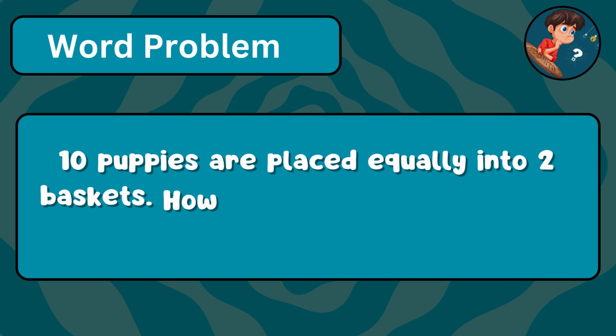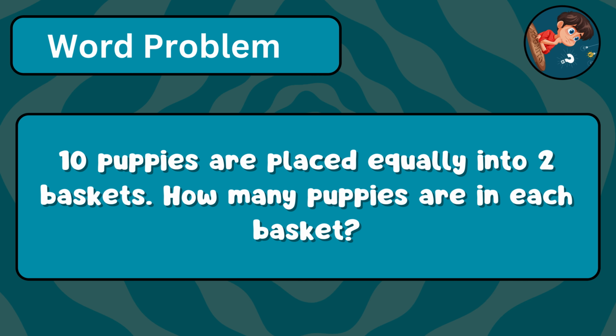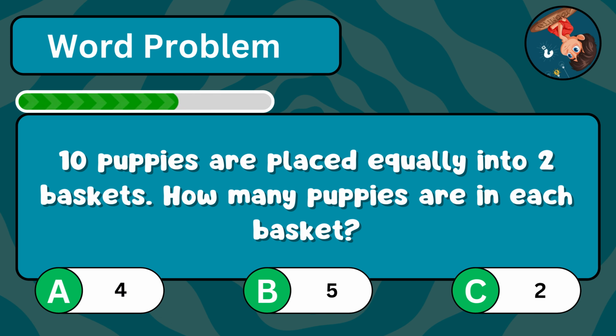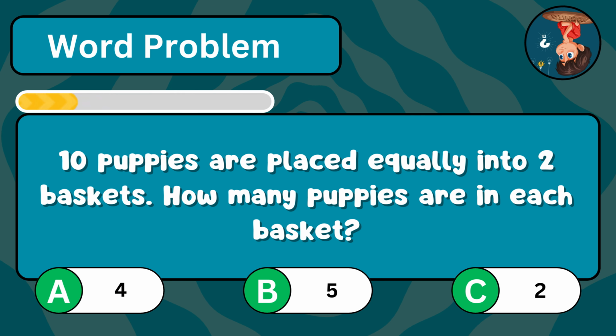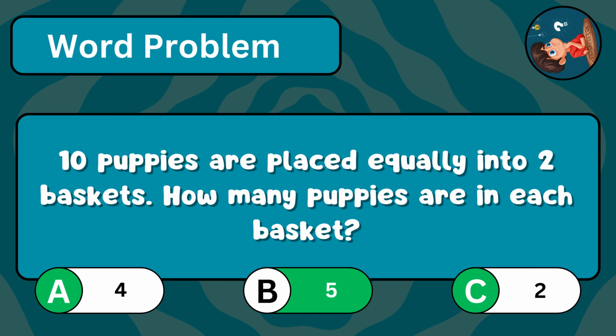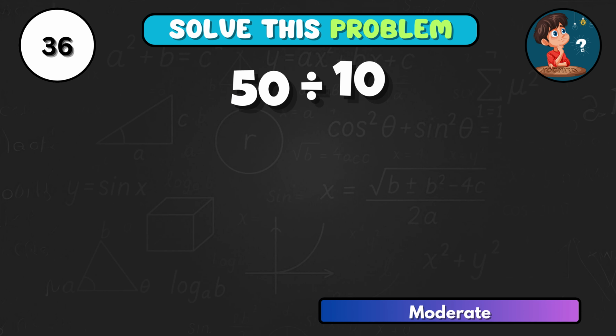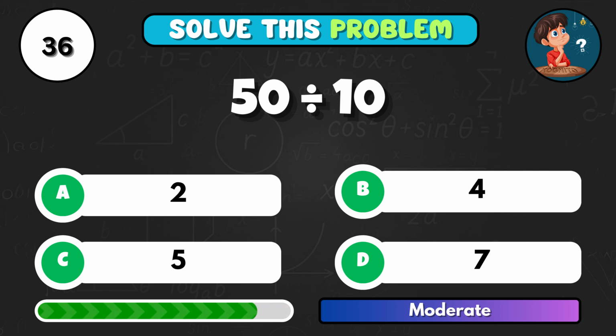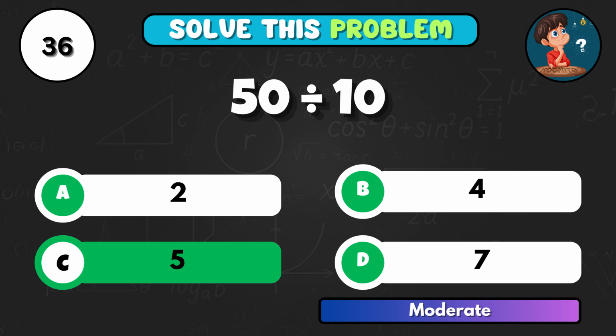Word problem: 10 puppies are placed equally into 2 baskets. How many puppies are in each basket? 50 divided by 10 gives you the correct result, C, 5.